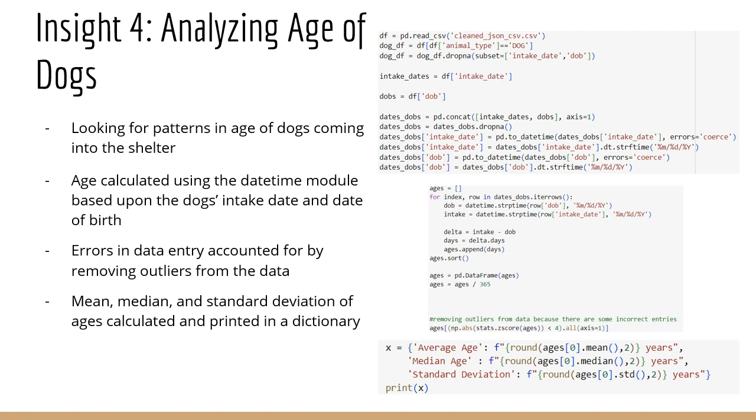There were many entries observed in the ages that were incorrect, such as a negative age or an unreasonably large age. So these were factored out using a function to get rid of outliers. Outliers were defined as being more than 4 standard deviations from the mean. And then the mean, median, and standard deviation of the ages were calculated and printed in a dictionary, which is on the next slide.